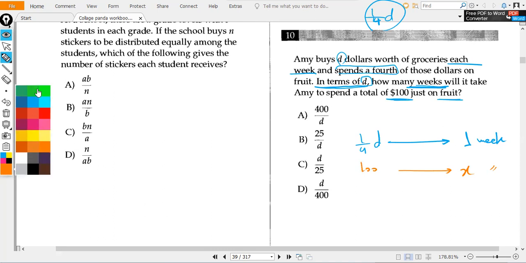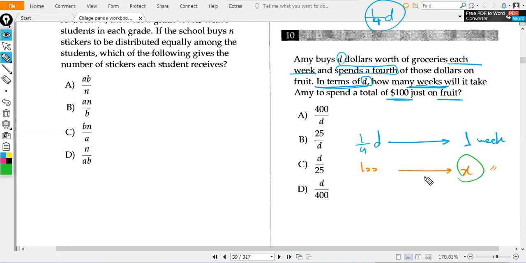So to find x, the number of weeks, I'll cross multiply both sides. So 1/4 D multiplied by x equals 1 times 100, which is 100. Now, to get x by itself, I will multiply by the reciprocal of the coefficient, because the coefficient here is a fraction.